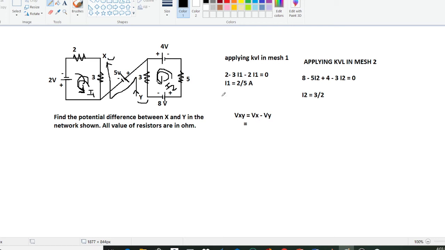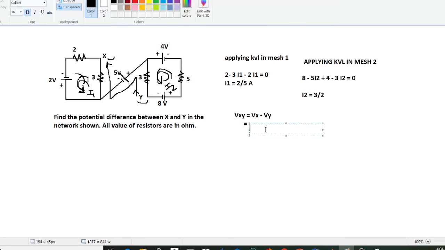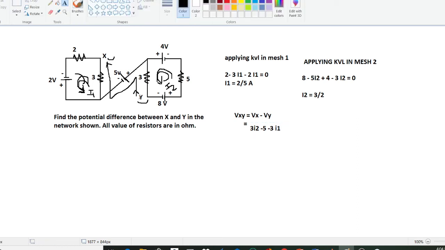So if you move from Y to X, you can write 3I2 and minus 5 volt and again minus 3I1. Here we are moving from Y to X in these directions.